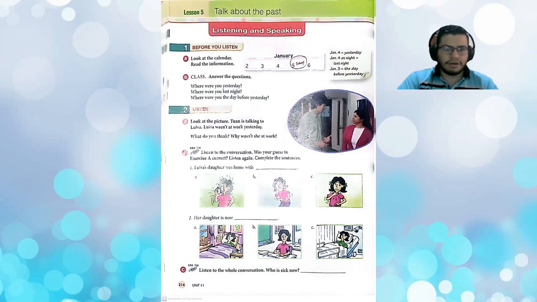Look at the calendar for this case, and read the information. Class, answer the questions. Where were you yesterday? Where were you last night? Where were you the day before yesterday? For example, where were you yesterday? Yesterday, I was at a high school, for example.